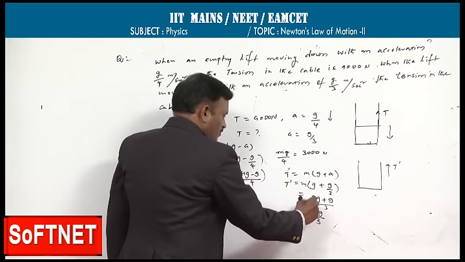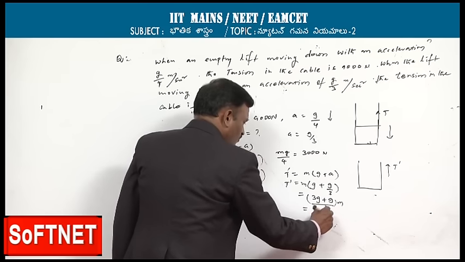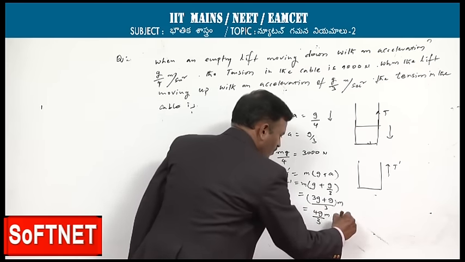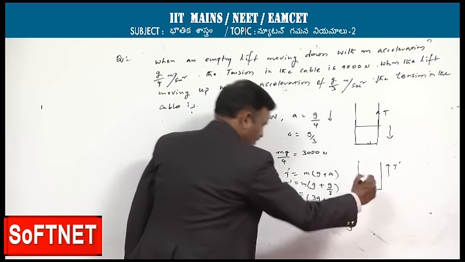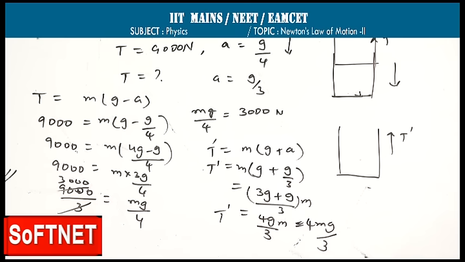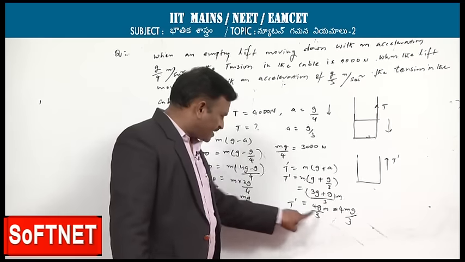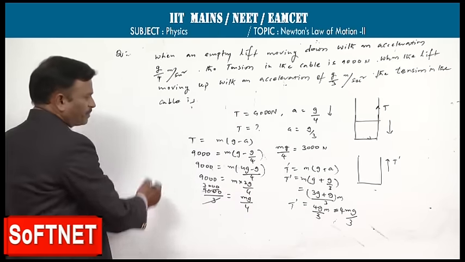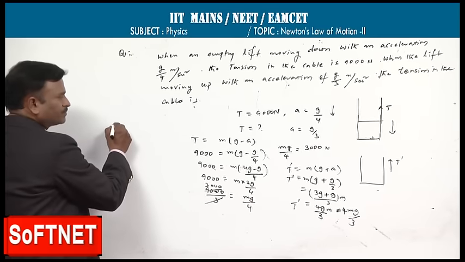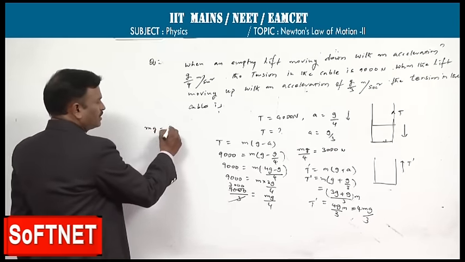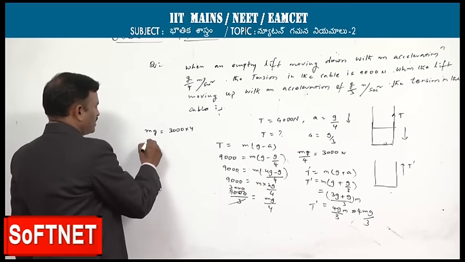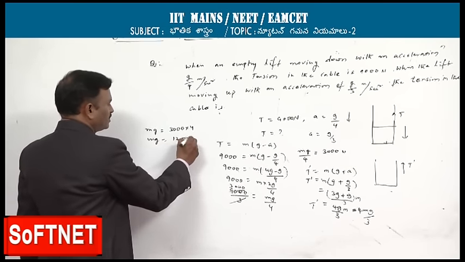Mass as it is, so 4mg by 3 is equal to T dash. Now we know mg by 4, and T dash is equal to 4mg by 3. How to calculate? We substitute the mg value in the T dash equation, then we can obtain the T dash value. Here mg equals 3000 into 4, so mg is equal to 12,000.